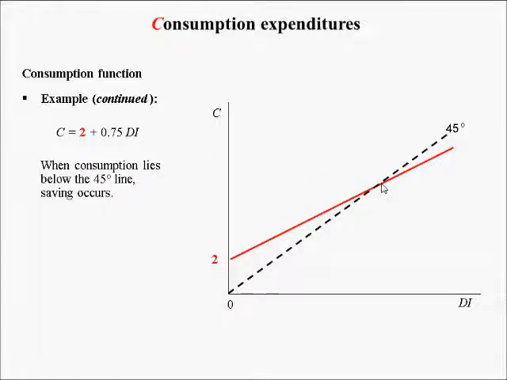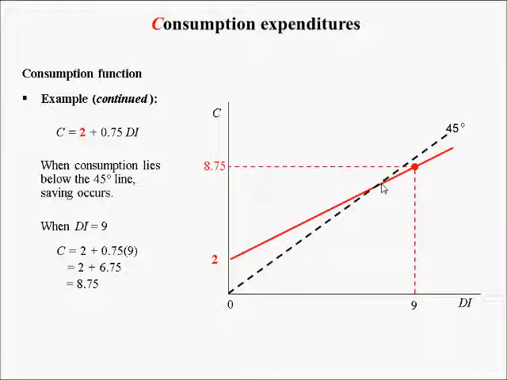Okay, now suppose the economy is at a point on the consumption function that is below the 45-degree line. So when disposable income is 9, total consumption in the economy would be $8.75 trillion. So we'd be at a point below the 45-degree line.